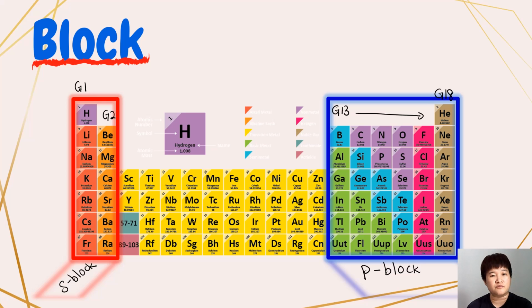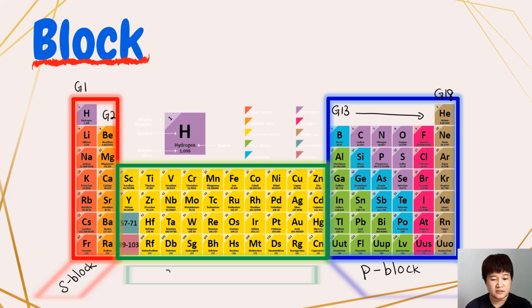Last but not least, we have the D block, which is group 3 all the way to group 12. So we have 3 blocks: S block is group 1 and 2, P block is group 13 until 18, and D block is group 3 until group 12.